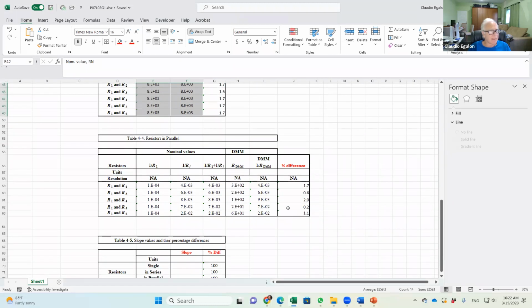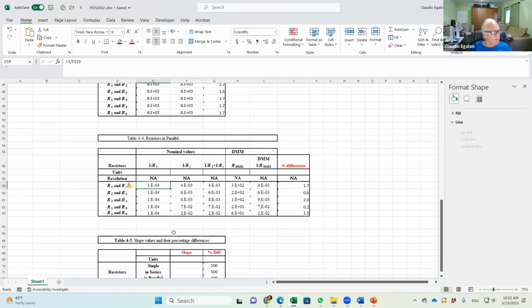We're going to do the same thing, but instead of plotting this one here, we're going to plot this one here, right? Do you remember the equivalent resistance of resistors in parallel? What do we have? We have the inverse of the resistance equal to the sum of the inverses of the resistances, right? That's what I have here.